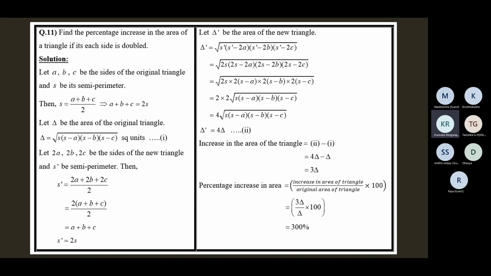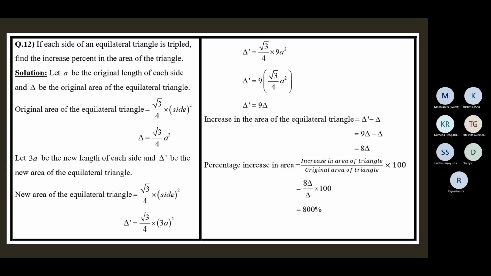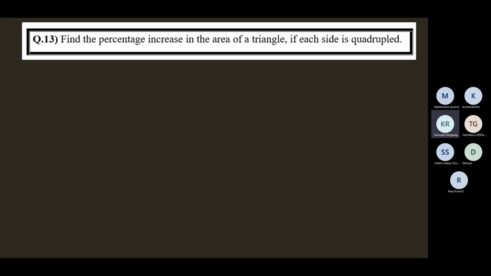This one, all of you must do it in your notebook. Now this one. I'm not explaining the 13th one because it's similar to the one which I just explained. Find the percentage increase in the area of the triangle if each side is quadrupled, meaning multiplied by 4.